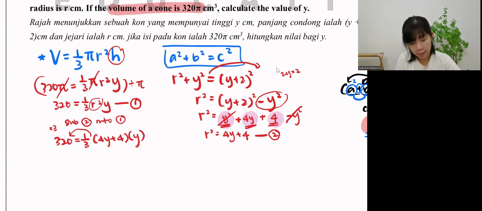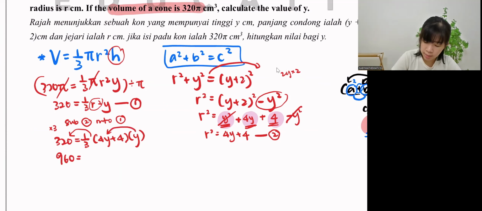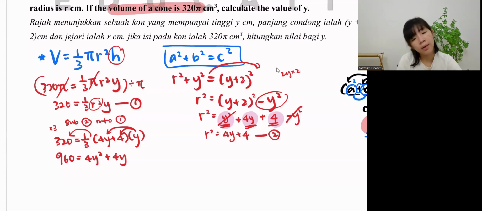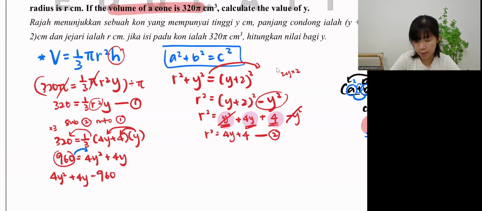Okay, 320 times 3, so we get 960, equals 4y plus 4 and also y. So this y expands. So we get 4y squared plus 4y. Arrange in general form. Since this 4y squared is positive and already on the right hand side, we bring this 960 to the right hand side. So we have 4y squared plus 4y, minus 960 equals 0.